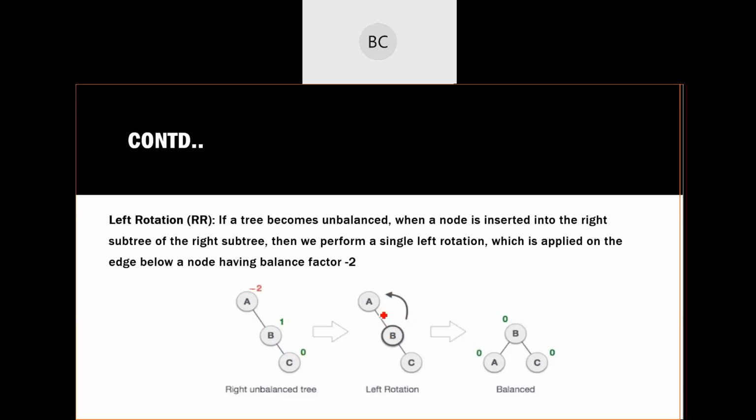Okay, so just imagine this tree, you are going to pull this node downwards. So the moment you pull it downwards, B will become your root and A and C will become the children. Okay, so now your tree is balanced.